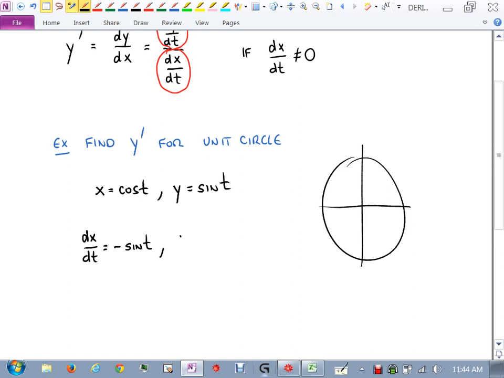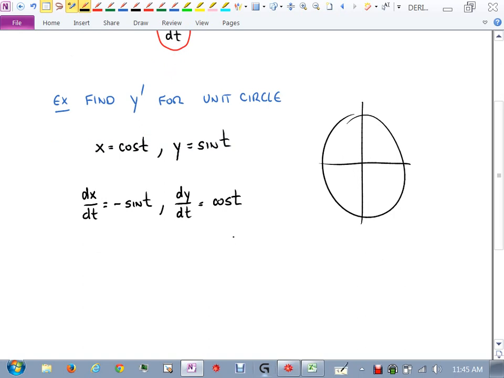And what is the derivative of y with respect to t? Cosine t. So what is y prime? It's dy/dt over dx/dt: cosine t over negative sine t. That's it right there.